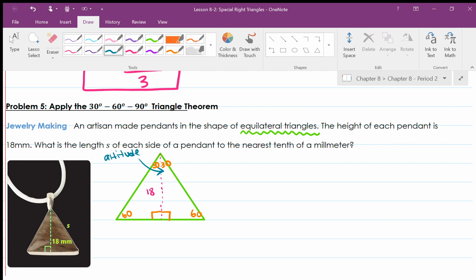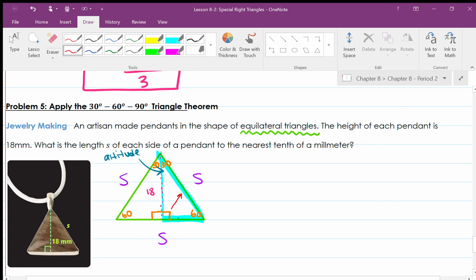So if you notice, each of these sides in an equilateral triangle are the same length, correct? Well, what are they looking for here? You also have to notice here that that altitude or the height cuts this into two equal congruent triangles, but we're going to focus on half of the equilateral triangle here because they gave us the height. So we know if we're focusing on this triangle, S here would be your hypotenuse of this triangle.